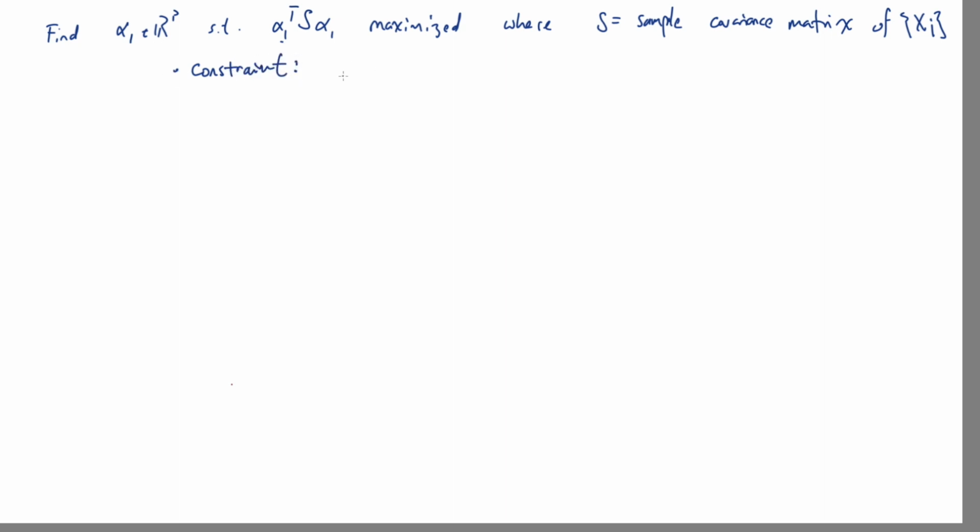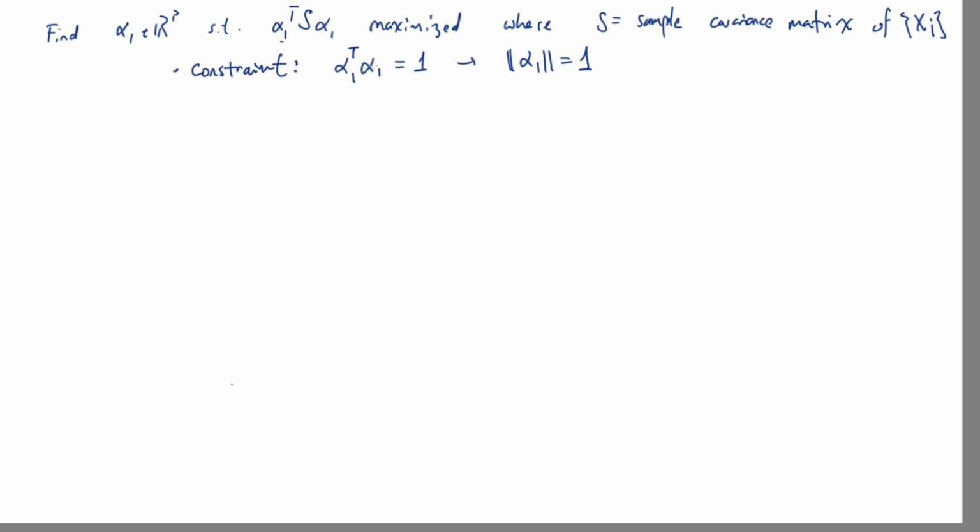And the constraint is usually taken to be that alpha 1 transpose alpha 1 is equal to 1. Another way of saying that is that the length of alpha 1 is just equal to 1. Hopefully you can see the reason we need this. If you're allowed to pick any alpha 1 you want, you can keep picking it so that this thing keeps getting bigger and bigger until you get to infinity. So that's not a valid solution. So we need some constraint on alpha 1 to be able to solve this problem.